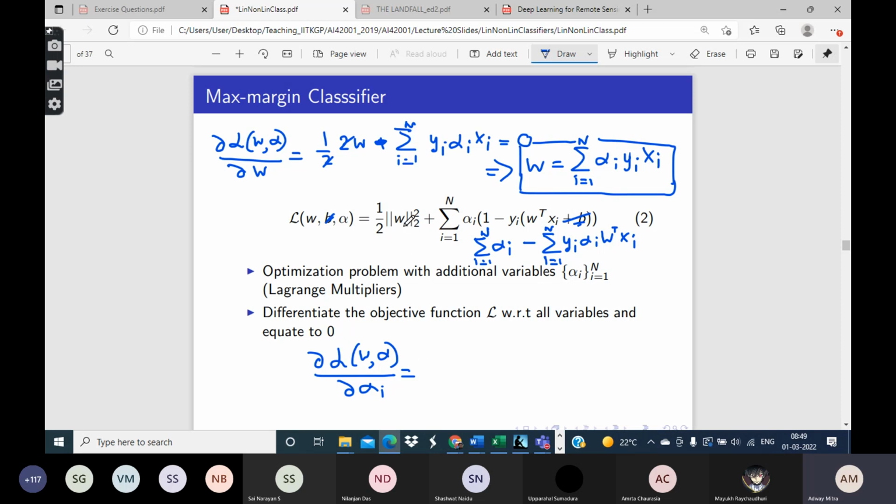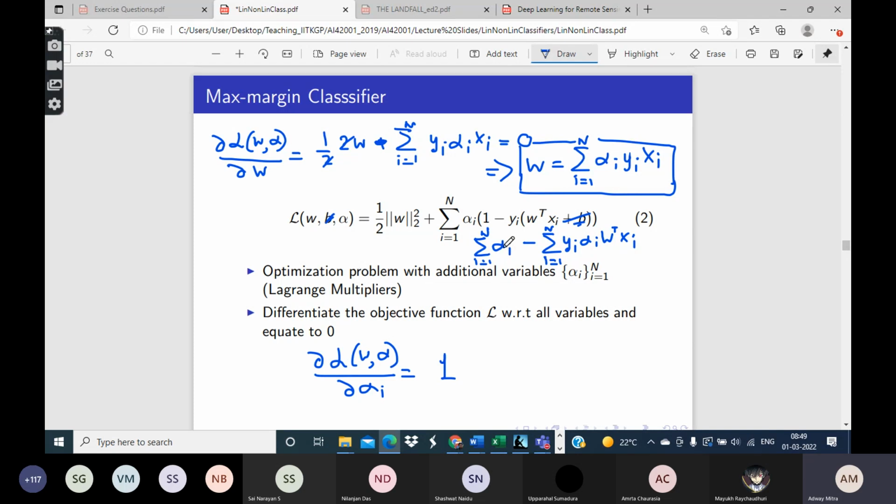If you look at the first term, it does not have alpha, so it will just disappear. For the second term, with respect to alpha i the derivative will be 1, and for all the other alphas, that is alpha 1, alpha 2 up to alpha i minus 1, alpha i plus 1 to alpha capital N, all will be 0.